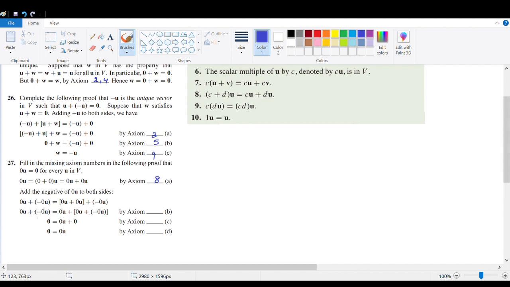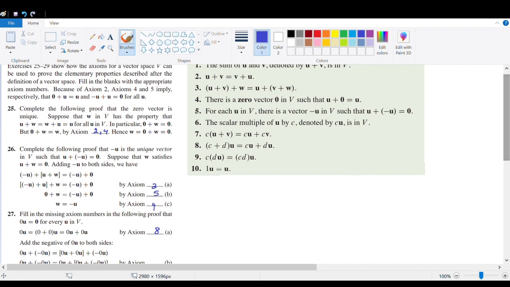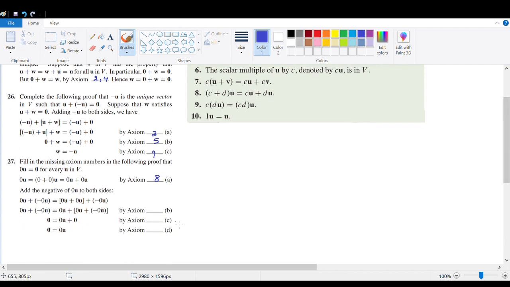So for the first left side, we have 0 multiplied by U plus minus 0 multiplied by U. For this one, we can take this 0 multiplied by U with this one, with a negative 0 multiplied by U. So this is using the axiom number 3. If we have 3 vectors, we can add either the first 2 and add it with the third one, or we take the second 2 and add it with the first one. So this one is using axiom number 3.